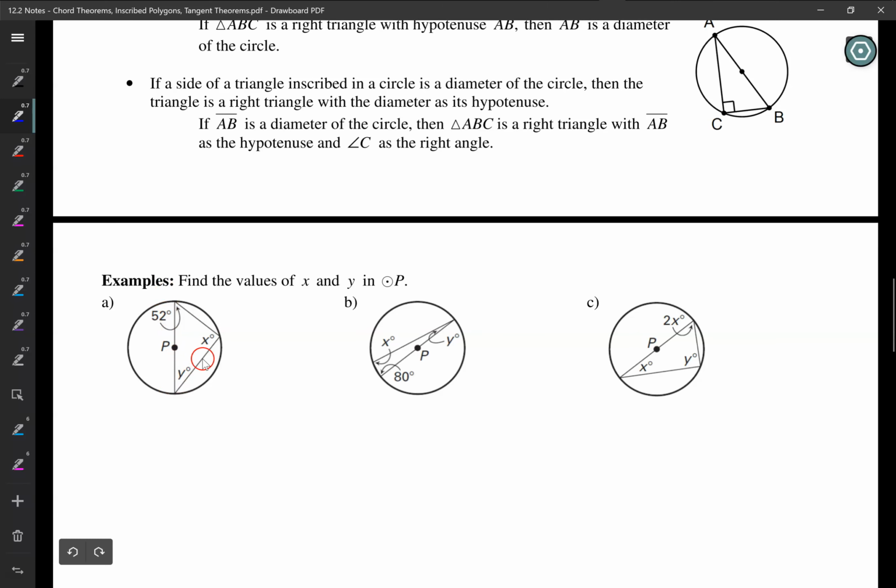So because you've got a triangle and one side is a diameter, that means that this has to be a right triangle, and that diameter has to be the hypotenuse of a right triangle. So if that's the hypotenuse, the angle across from the hypotenuse has to be a right angle. Which means that x is 90 degrees.